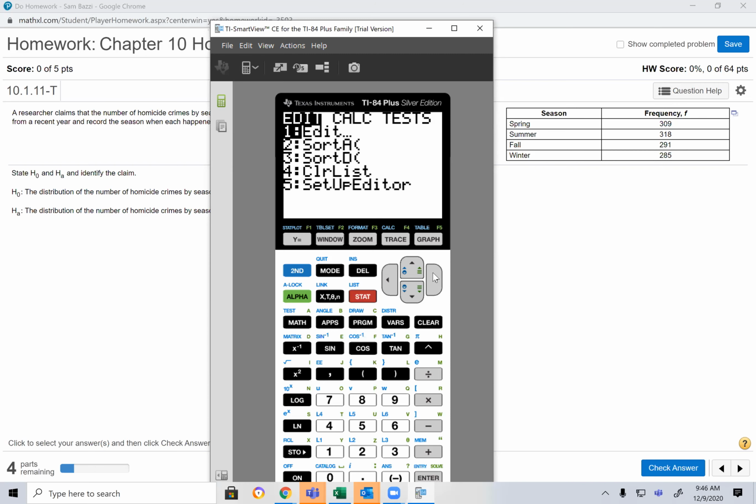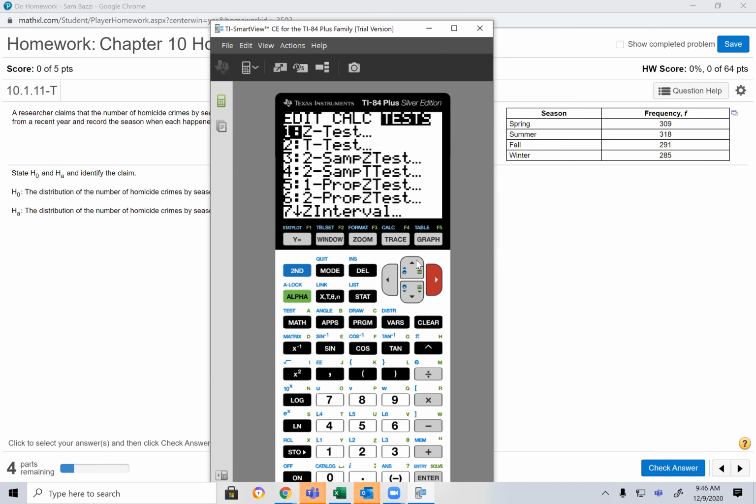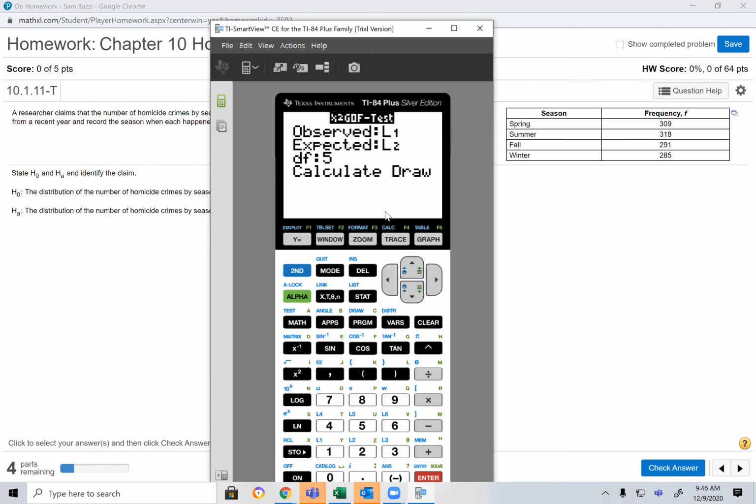So go to stat, tests, scroll up, goodness of fit test. Okay, L1, that's my observed values. L2, my expected values. And this is a 3.